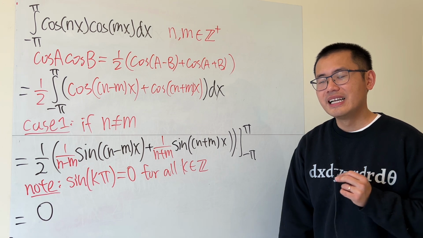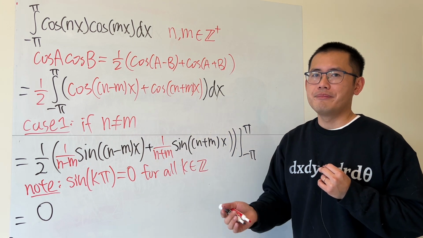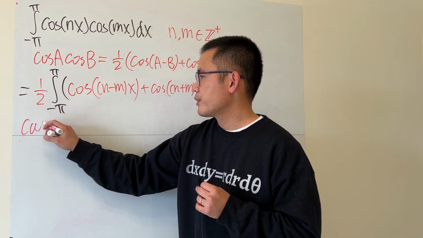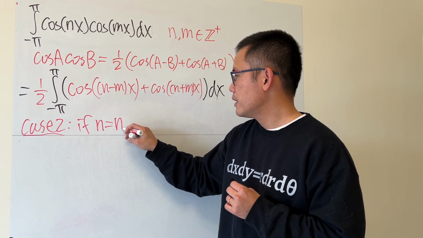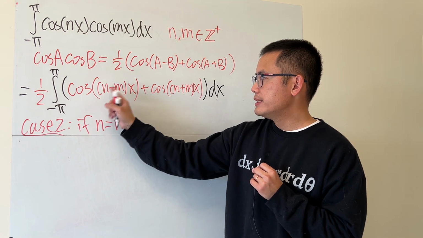Very nice, right? So now, what if n is indeed equal to m? Let's have a look. And that's case 2. Let me write it down right here. So what that means is, I'm just going to be plugging m into this n.